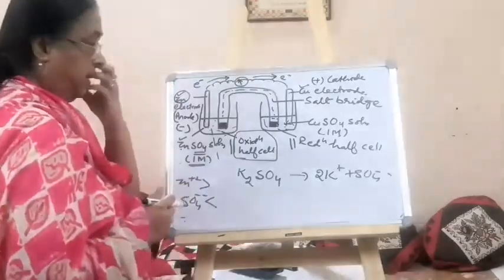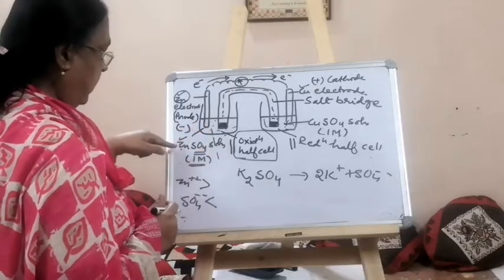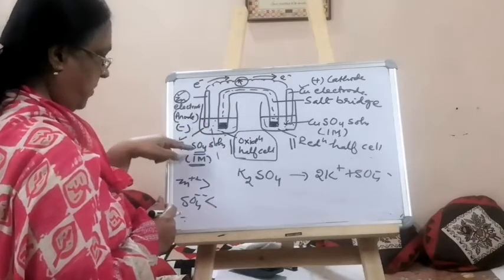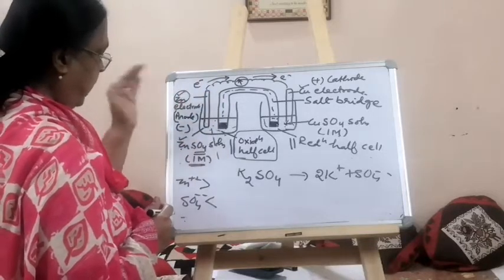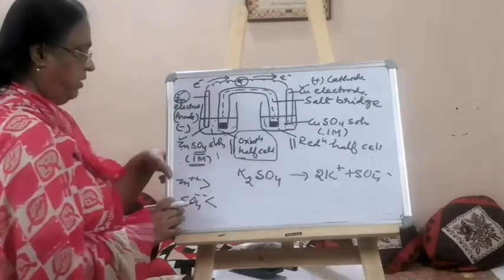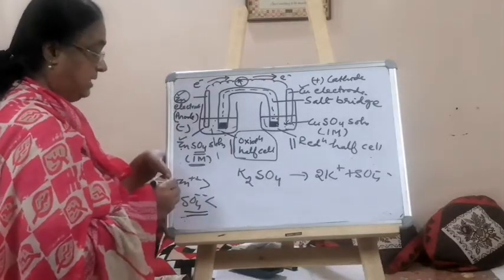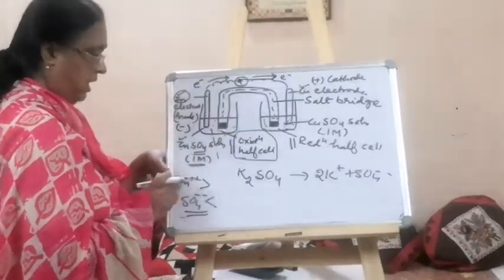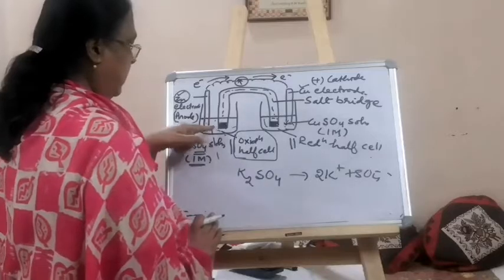The amount of sulfate ion remains the same as in the beginning, but as zinc ions are being added, the sulfate ions are fewer than the zinc ions. So zinc ions are more, negative ions are less.